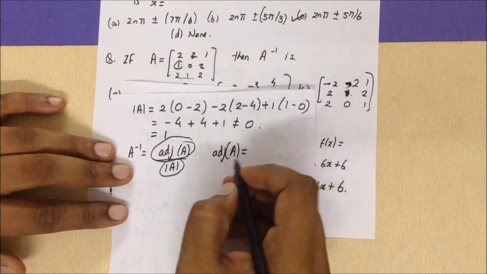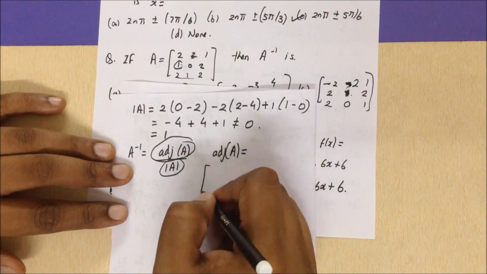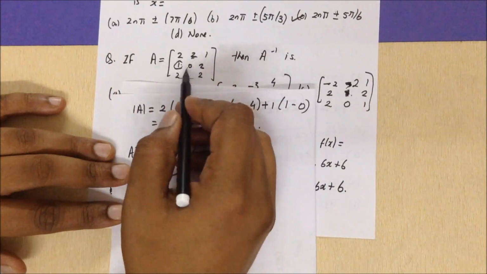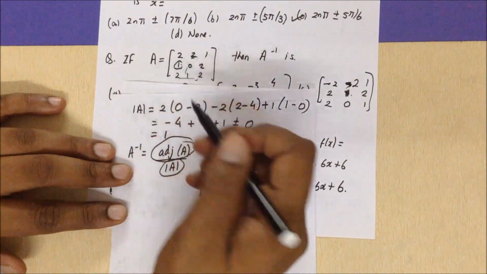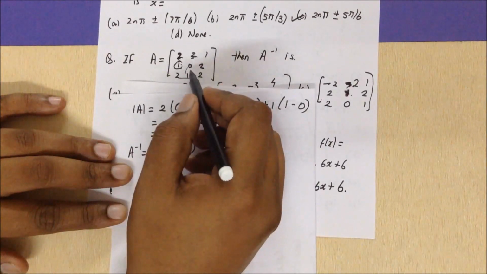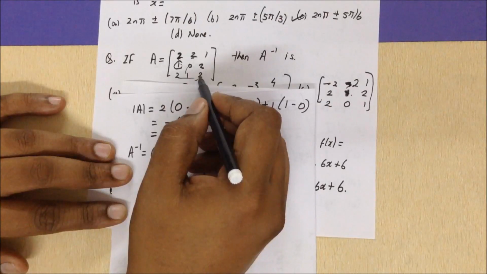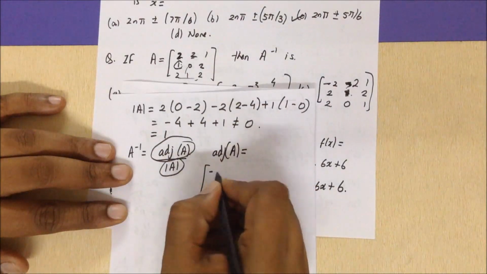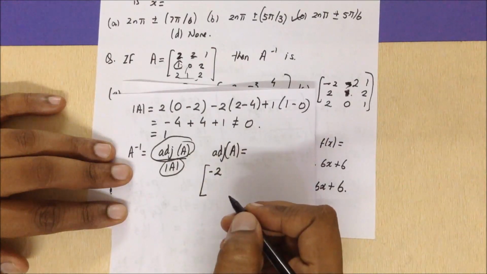So what you have to do is, if I want to find the first element I have to concentrate on this and I have to find the cofactor of this particular determinant. So for that I need to find the determinant of this. So it's going to be a 0 into 2, that's a 0, and minus 2. So I'll be getting the first element as minus 2.